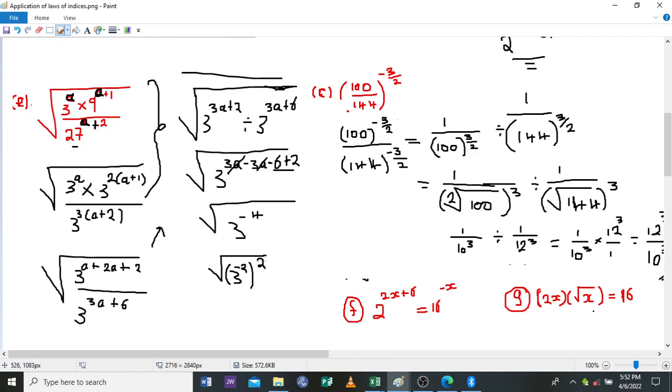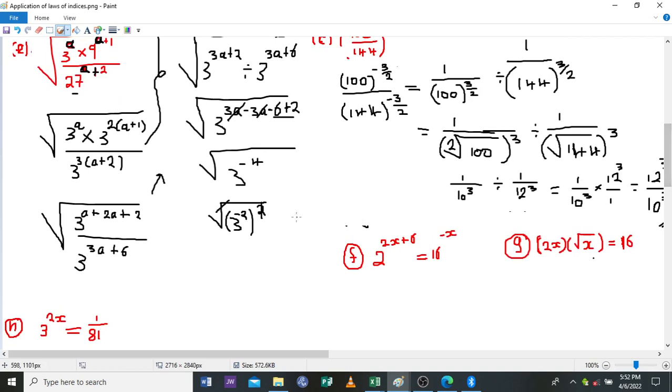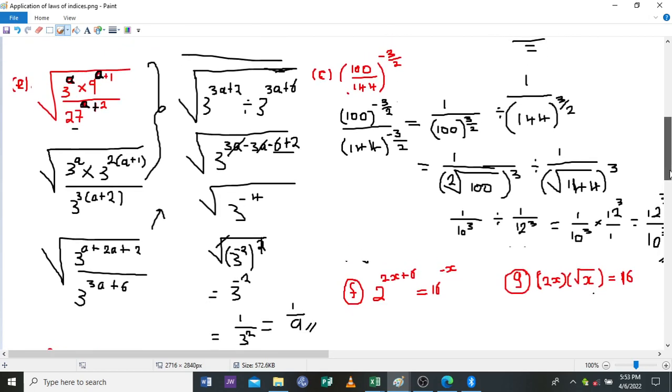Now if we write this, we see that 2 there will cancel with the square root, and then we are going to remain with just 3 to the power negative 2, which will give us 1 over 3 raised to the power 2. Hope you're able to see how that is coming up. And finally, this will give us 1 over 9. Good. So this is how we evaluate this question.